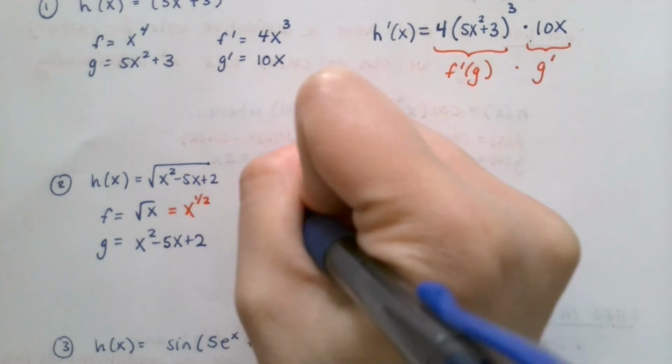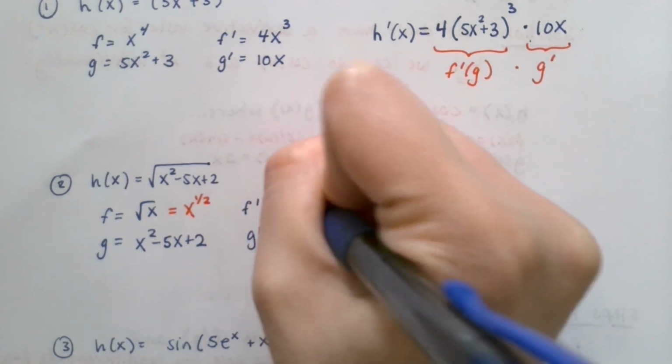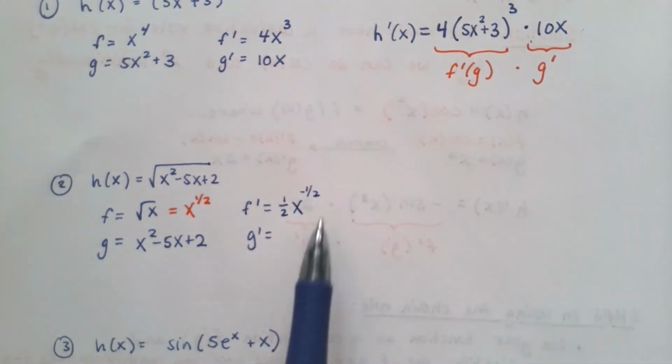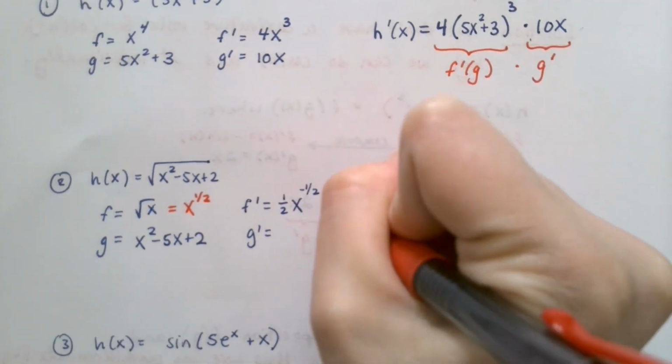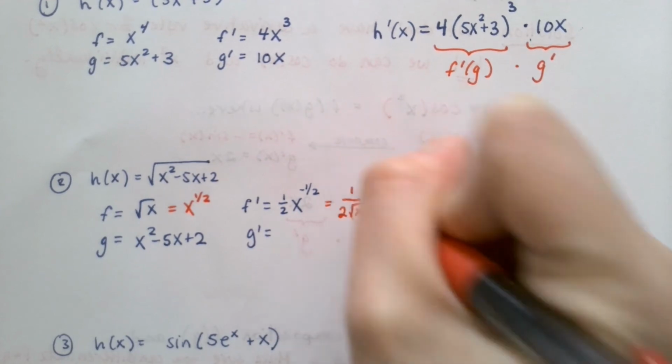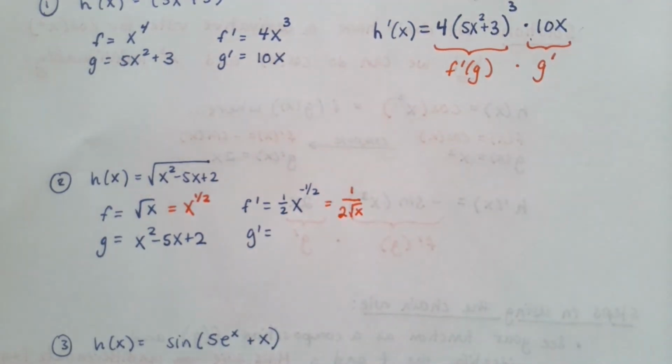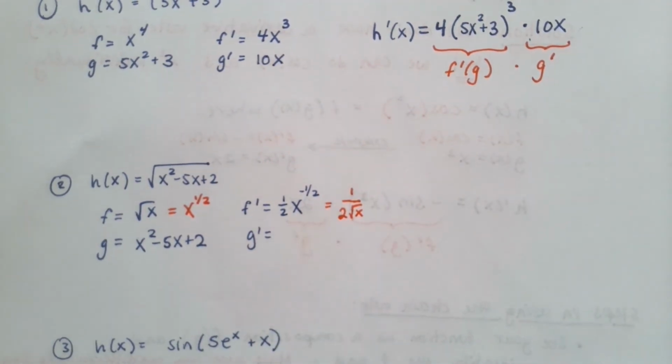So its derivative will be 1/2 x to the negative 1/2. This is negative 1/2 because that is 1/2 minus 1. You may also write this as 1 over 2 square roots of x. This is like the pretty version of the same thing, but either one of these will be okay for us in class. I'm actually going to use the one in blue, just to keep things simple.